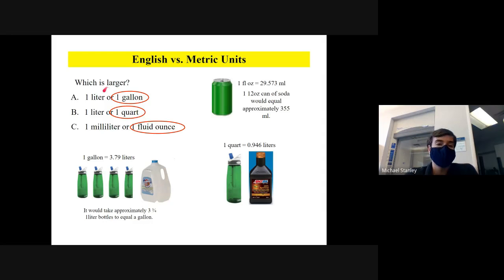Things like liters. So you've probably gotten a 1 liter or 2 liter bottle of soda before, right? A liter is actually not an English or imperial unit. It is a metric unit that tells us about volume. It tells us how much soda is in this thing of Coke or Pepsi or whatever it is that we have.